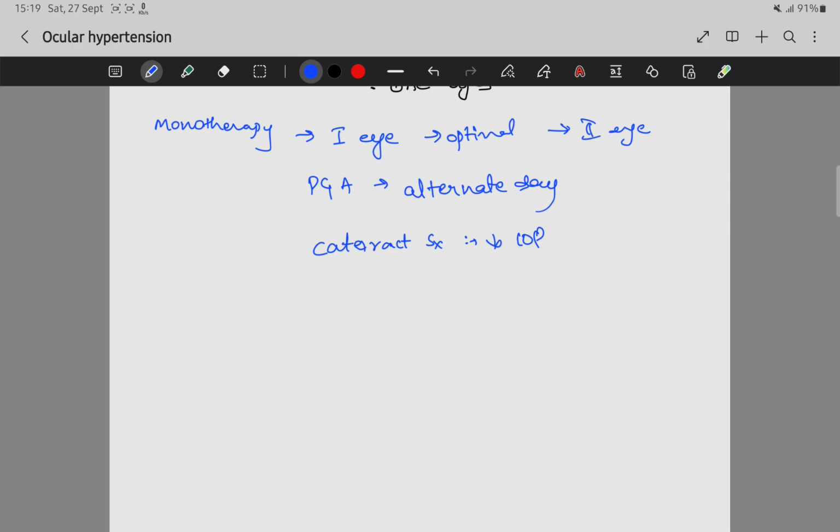Yes, according to this, there was an ocular hypertension treatment study which was done.